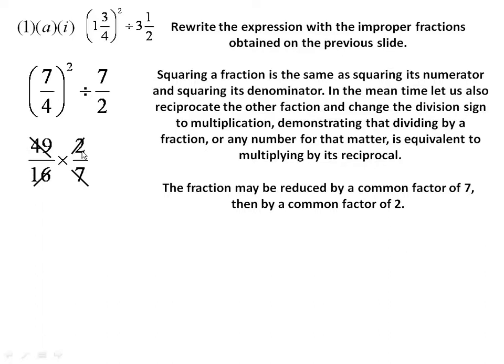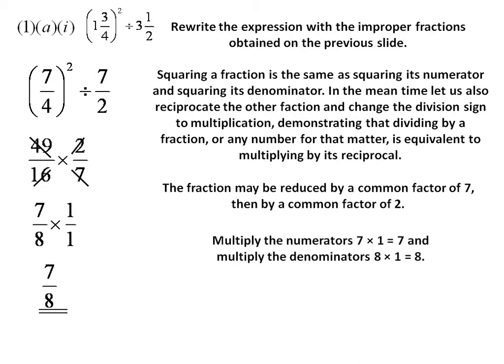Of course, 2 into 2 is 1, and 2 into 16 is 8. 7 multiplied by 1 is 7, and multiply 8 by 1 we get 8, and that's all there is to it.